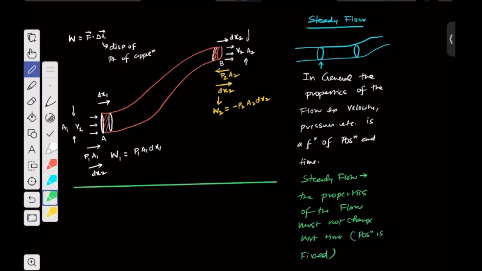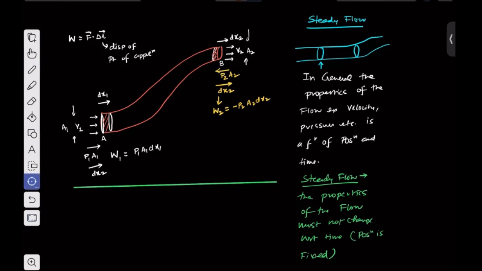So if you stay at the same position, then whatever measurements you do for the properties of the flow should not change with time. It can change if you change position, that's okay, but it must not change with respect to time once the position is fixed. Since the flow we have considered here is a steady flow, even the gravitational potential energy at any particular fixed position will not change with time.